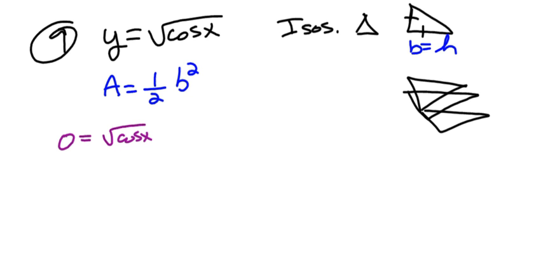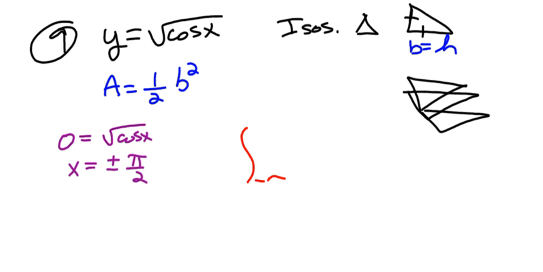And solving for it, I get that x should be positive and negative pi over 2. Because remember, you would square both sides, and then the question becomes, where does cosine equal 0, at positive and negative pi over 2. So there's our bounds.